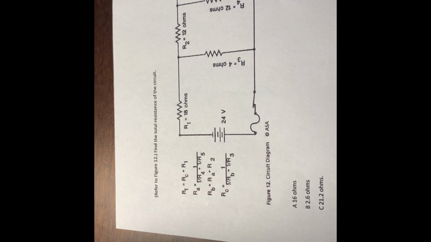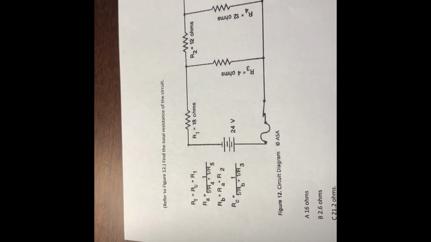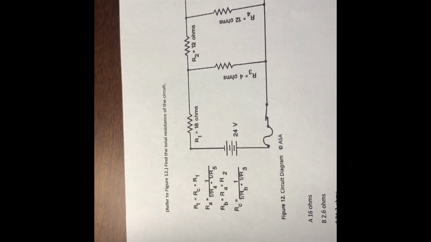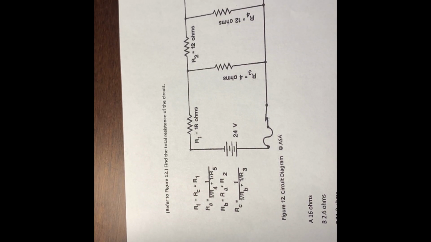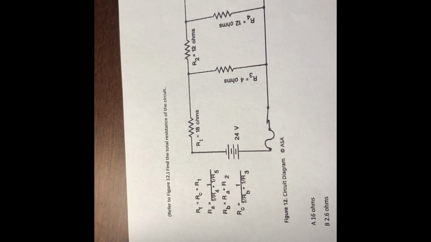Find the total resistance of the circuit. Okay, to find the total resistance, we're going to have to combine some of these values. We can start by combining these 2 parallels and making them in series with R2.